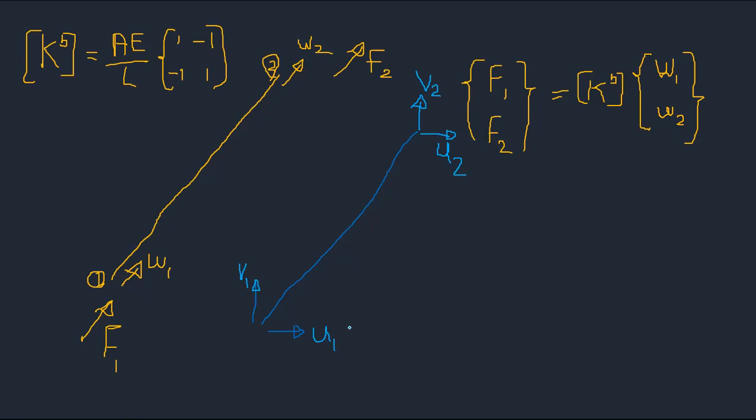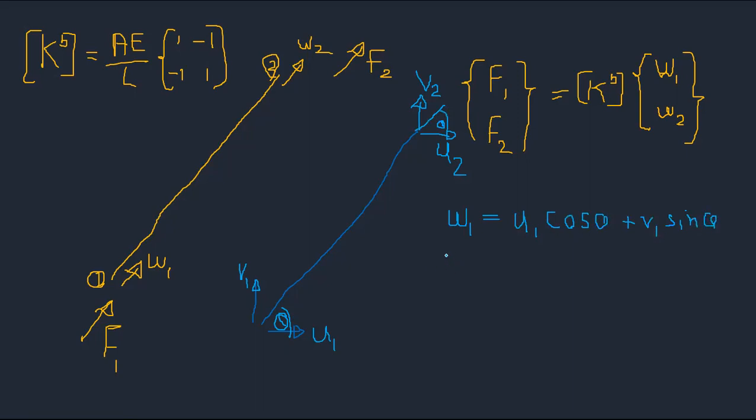So I'll call this theta. Okay. So you can write W2 and W1. W1 is what? W1 is U1 cos theta plus V1 sin theta.